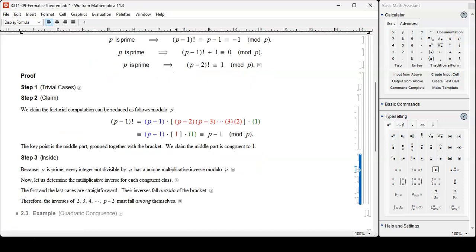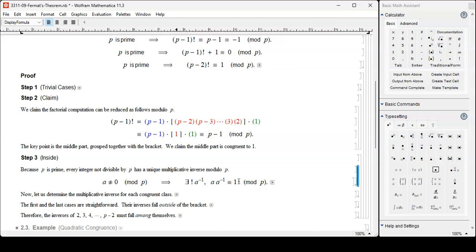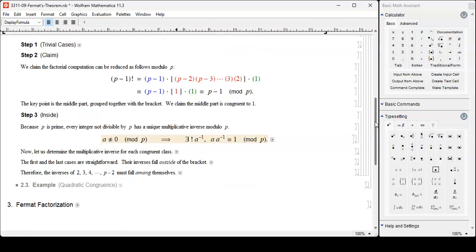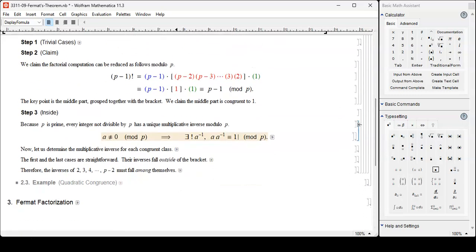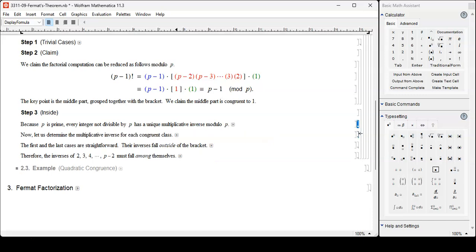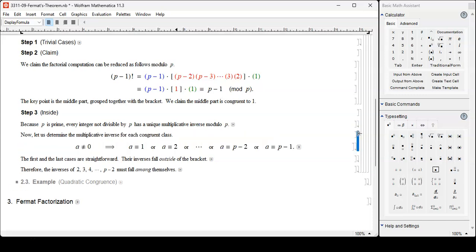Let us elaborate that idea. So let's make this observation. The multiplicative inverse exists uniquely, because p is prime, as long as a is non-zero. And then we can make this kind of classification. a is either 1, green, or a is p minus 1, blue.